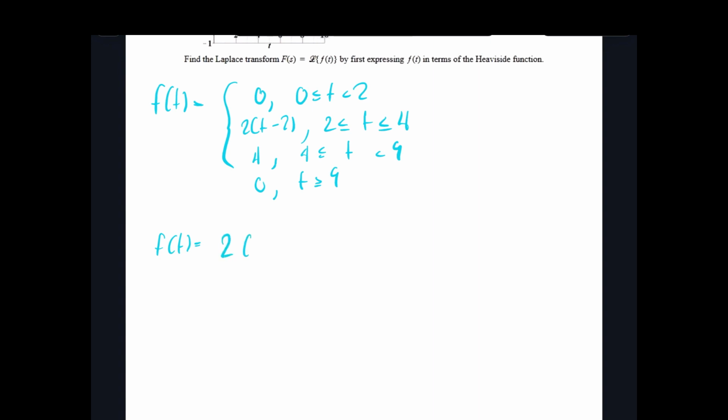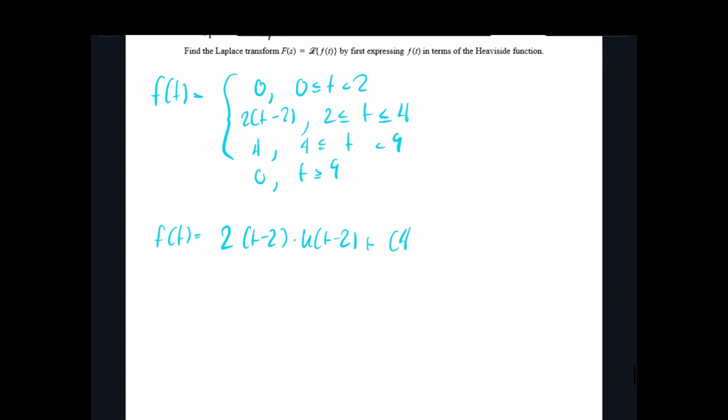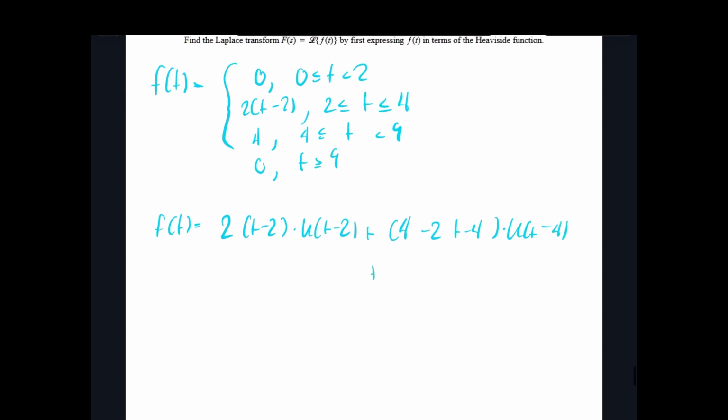Starting with the second one, 2t minus 2 times u at t minus 2, plus 4 minus 2t minus 4, expanding that out, times u at t minus 4, plus 0 minus 4 times u at t minus 9.